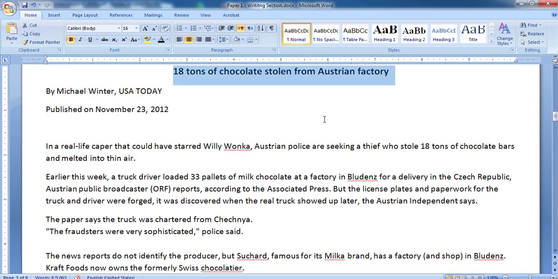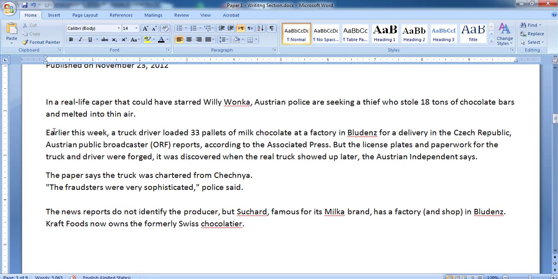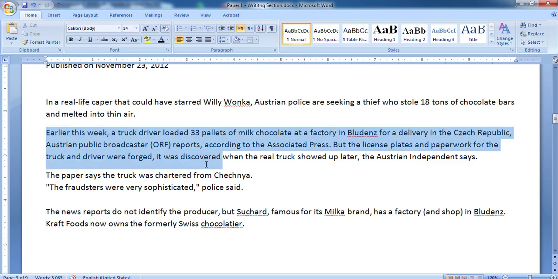This is the headline, the byline, the date, the lead paragraph, and we said exactly where. This is the place line, it means.